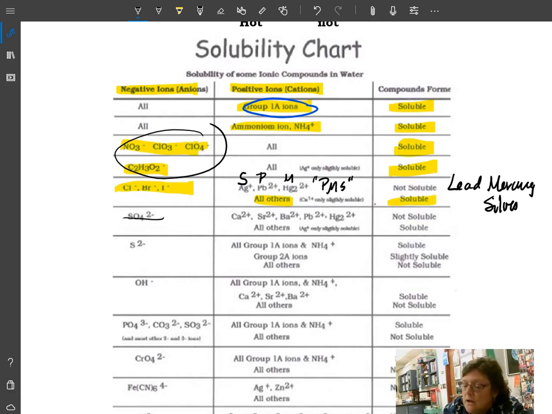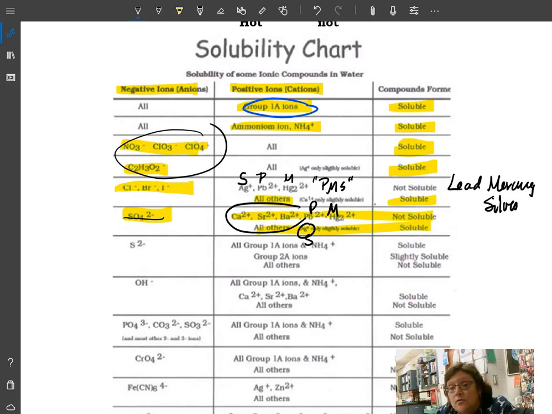Sulfates, same story. Sulfates are soluble for the most part, except for PMS: here's our P, silver's here, here's our M. And then we throw 3 more exceptions in, the big 3 on the alkaline earth metals: calcium, strontium, and barium. Those are exceptions. So chloride is usually going to dissolve except for PMS, and sulfate is usually going to dissolve except for PMS, calcium, strontium, and barium.